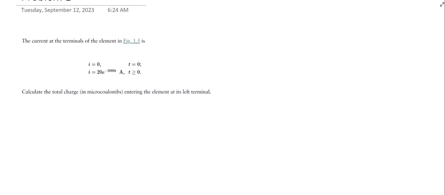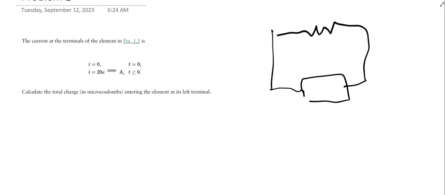I don't have a picture for you, but you can imagine I've got some circuit, and I've got a current I entering it, and I want to know the total charge entering the element at its left terminal.